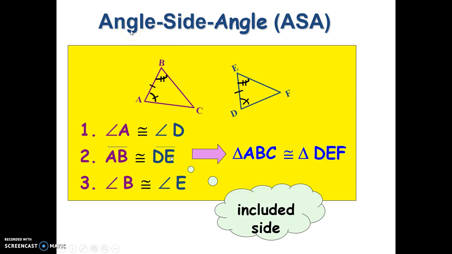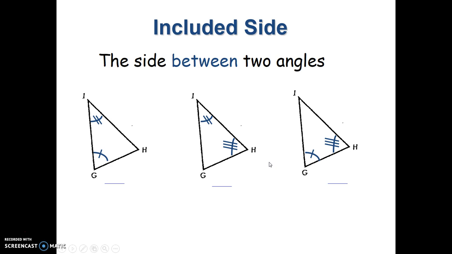Next one, we have angle side angle, ASA. That states if we have an angle, a side, and then an angle, and again the side has to be the included side, with an angle, side, angle, all of which are congruent to one another, then you have 2 congruent triangles. Boom, just like that.